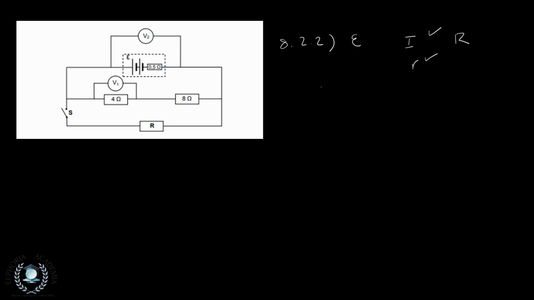And in this case, what we're going to see is that our R is equal to our 4 ohms plus our 8 ohms, because these resistors are in series, and that is going to give us an answer of 12 ohms. So we can finally substitute it into the formula of EMF, which is epsilon is equal to our total current multiplied by the sum of our resistances.